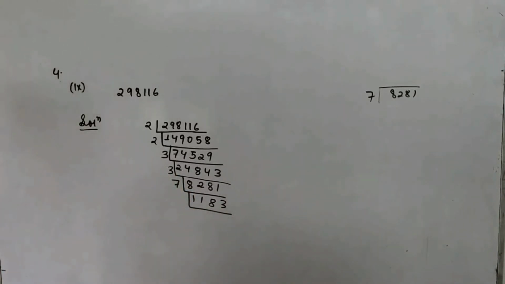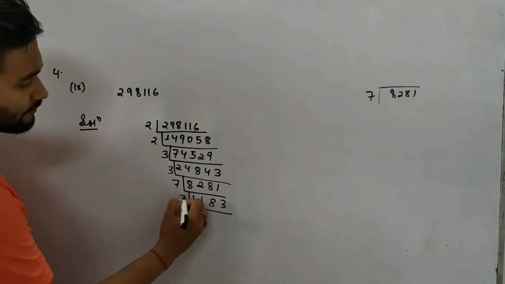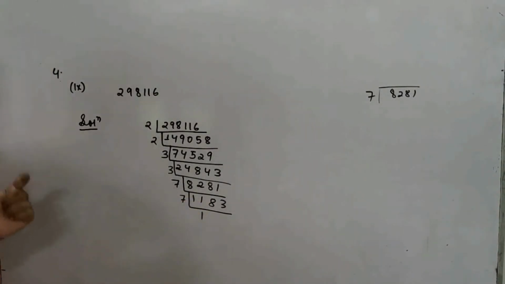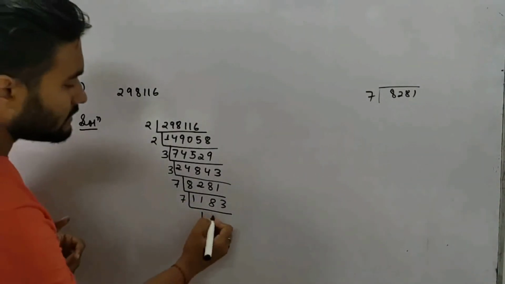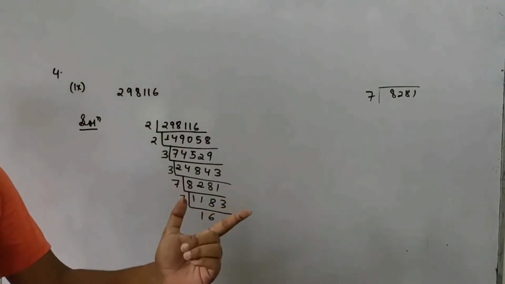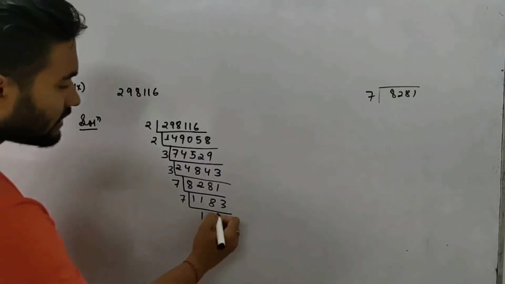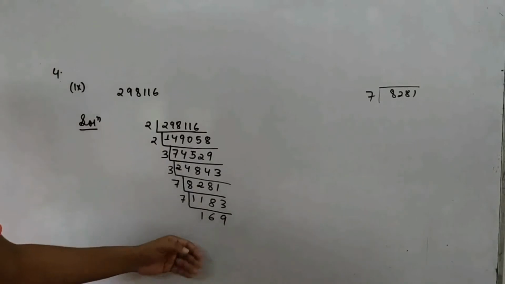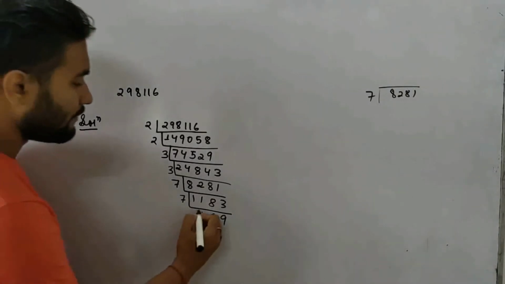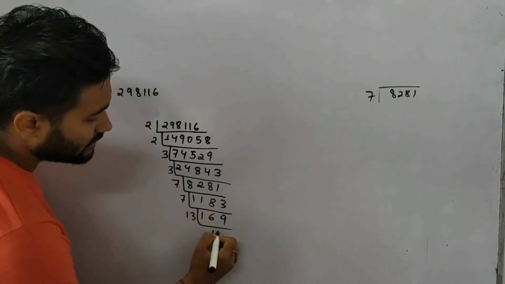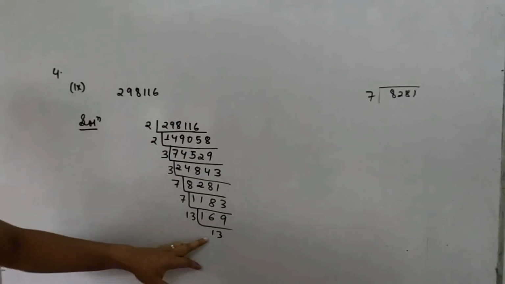So yes, it is divisible by 7. Again, 7 ones are 7, 8, 9, 10, 11, 48, 7 6s are 42, 6 in hand, 6 and 3, 63, 7 9s are 63, and 169 we already know it is what? This is nothing but 13 13s are 169, since it is a prime number.